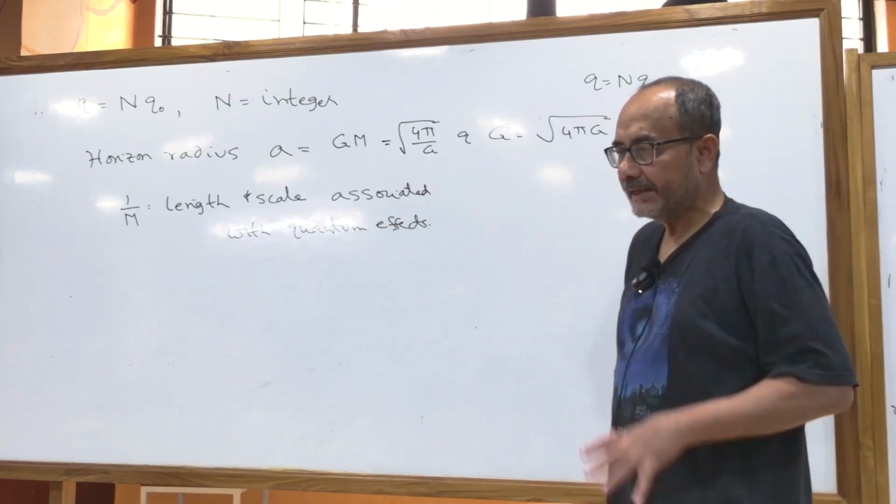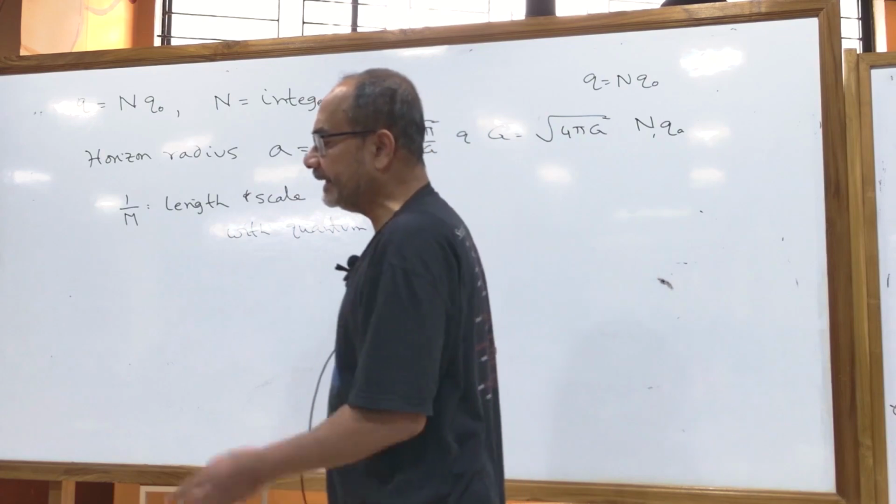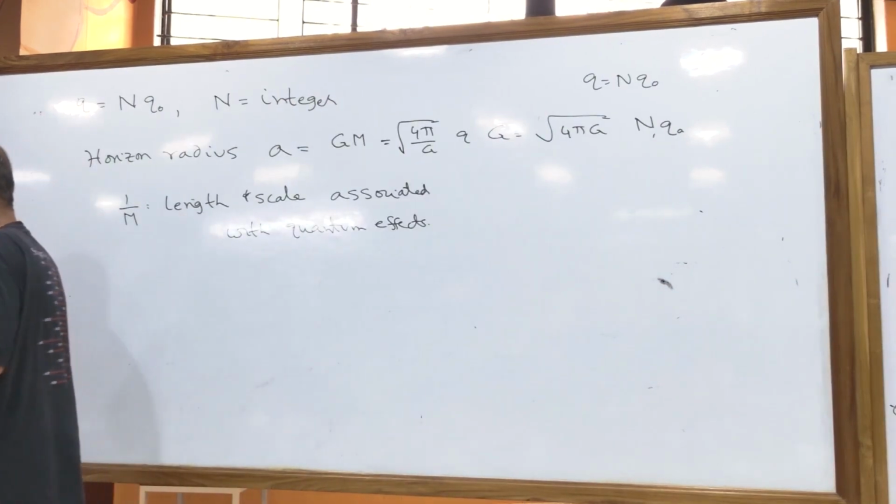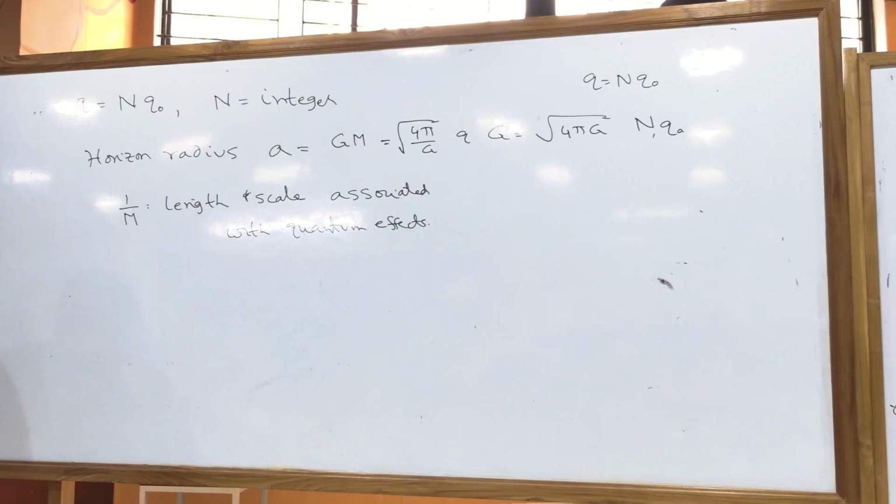And what it represents is that this is a length scale in which you can reasonably localize a quantum particle of mass m. Imagine that you are trying to localize a quantum particle of mass m. Can you make the position arbitrarily accurate? No, because if you try to make the position arbitrarily accurate, the momentum becomes uncertain, the velocity also becomes uncertain, and the particle flies off.